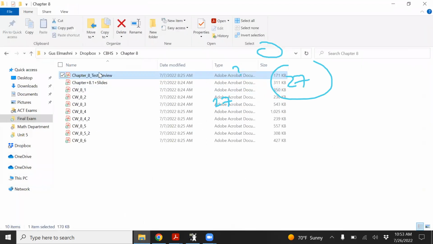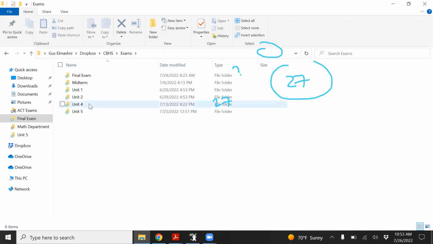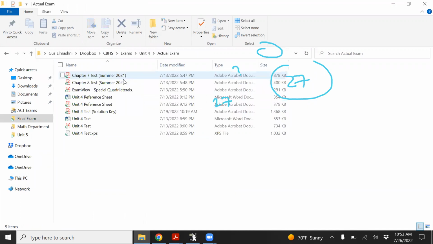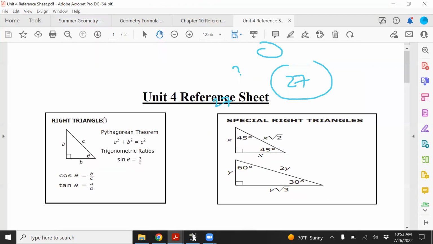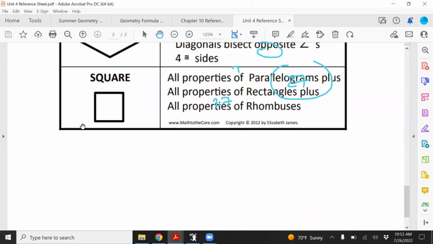Actually, what could really help you guys, there might be a reference sheet that we've already had. Let me just see here. Unit 4. Yeah, this would help a lot too. It's all there.